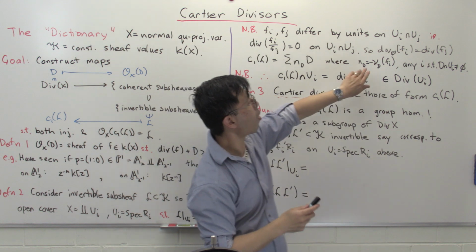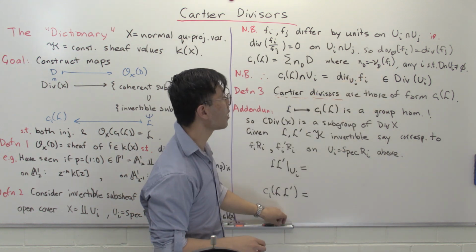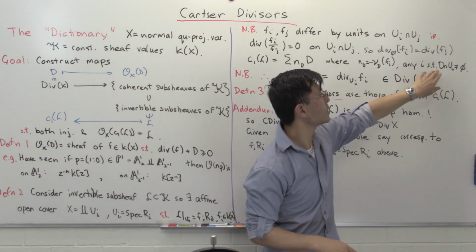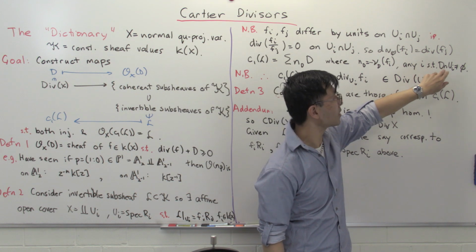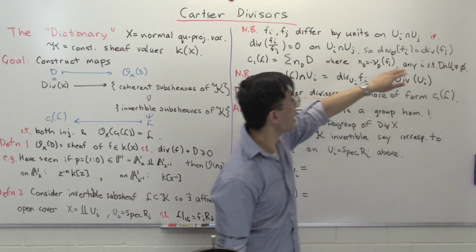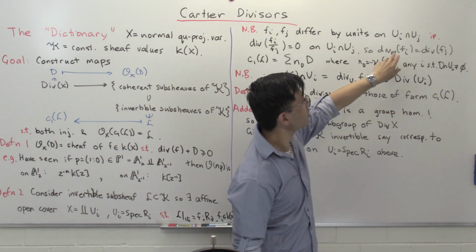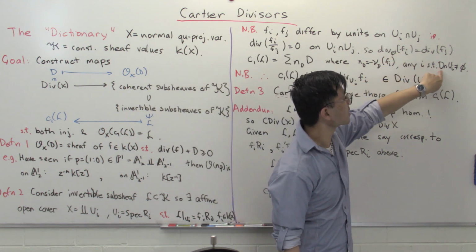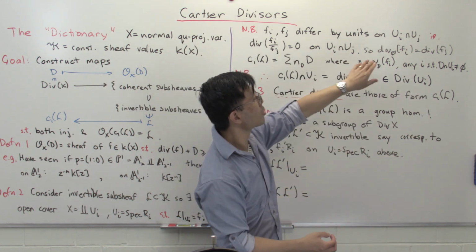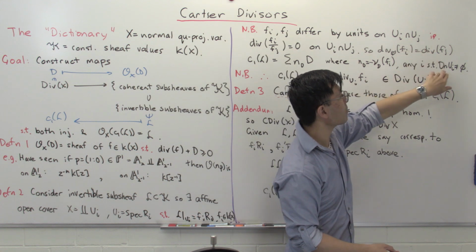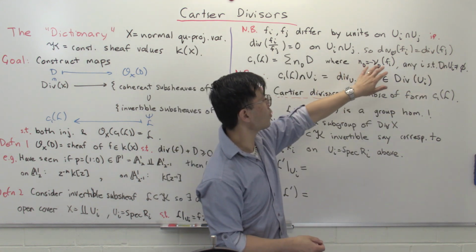So it's the order of the pole of fi at D, and that's for any fi such that Ui intersect D is non-empty. And the point is if that D intersects two different ones, how do you know that it doesn't depend on which index i? Well, if you have a different fj that also intersects D, then those two will intersect in some place, so the two divisors of that intersection will be the same, and hence on that D you'll get the same thing. So that's why you can do that.